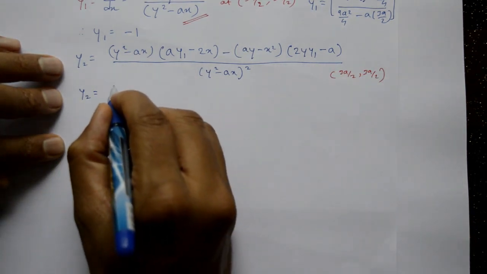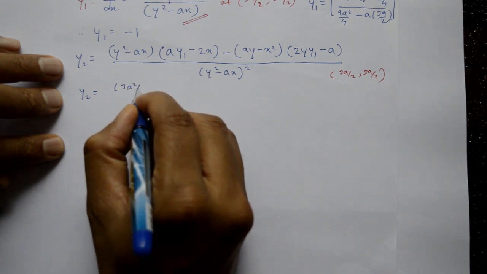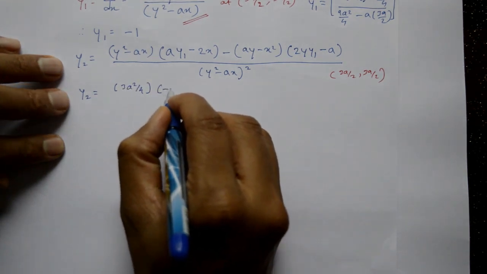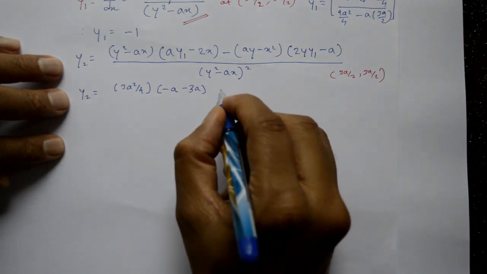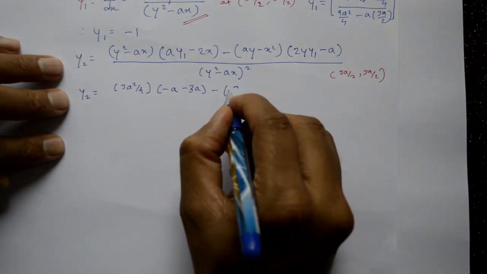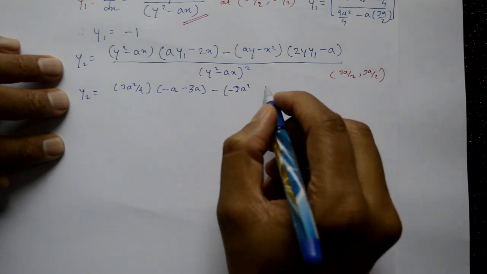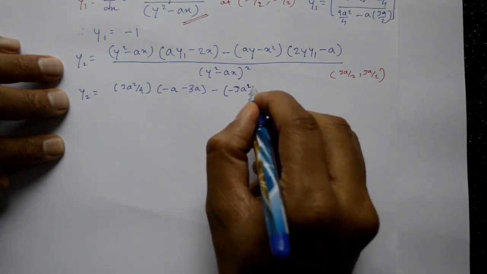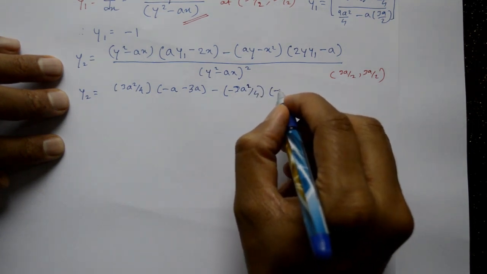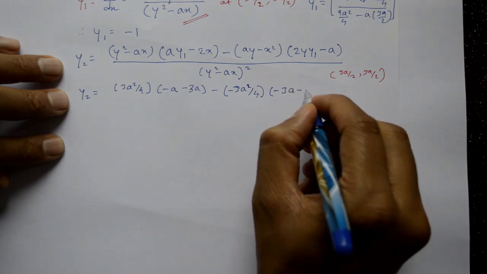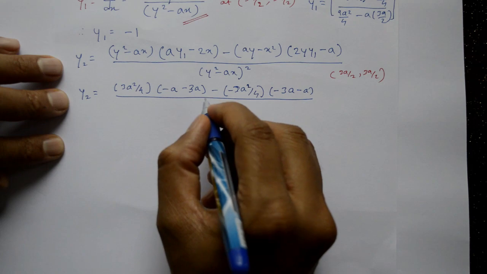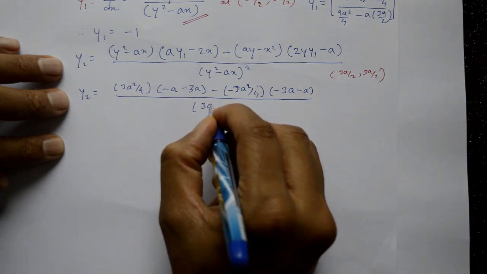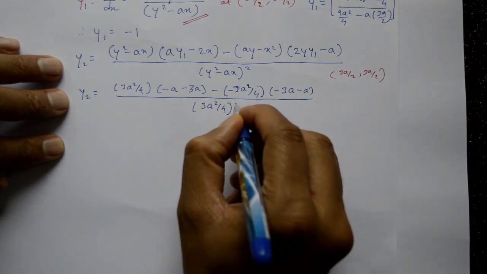And y2 is equal to 3a square by 4 into minus a minus 3a, minus 3a square by 4 into minus 3a minus a, divided by 3a square by 4 whole square.